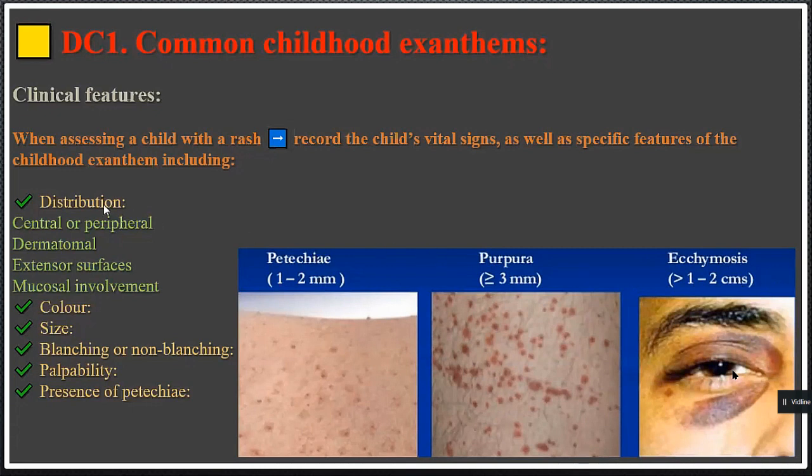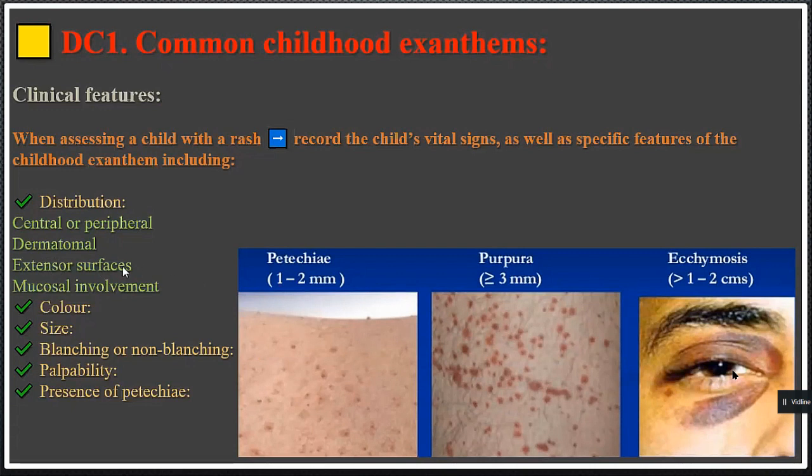So here the distribution. You have to check this rash. Even in the scenario, you have to check, is it central or peripheral? Dermatomal or not? Dermatomal like what, guys? Herpes zoster, shingles. It follows a dermatome.